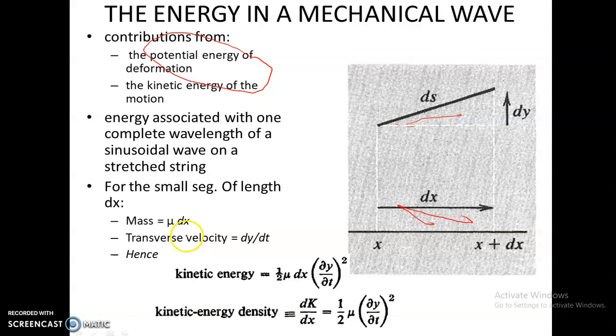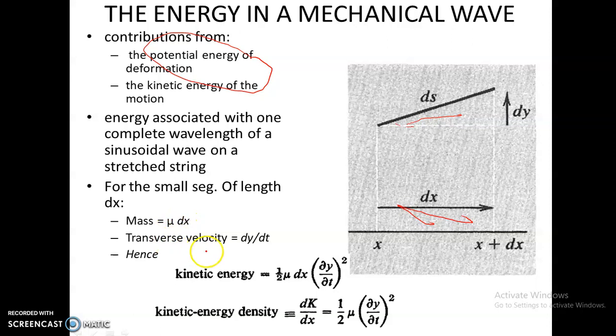In this case, we have a string of length dx such that the linear density defined is mu. Then the mass of the length dx of the string will be mass per unit length mu into the length of the specimen, that is dx.